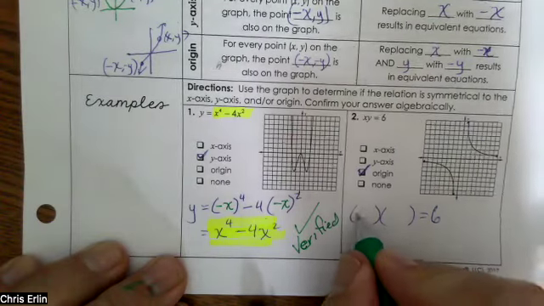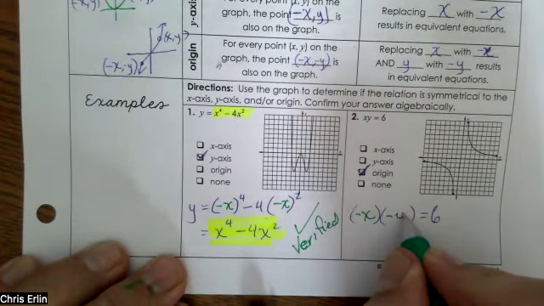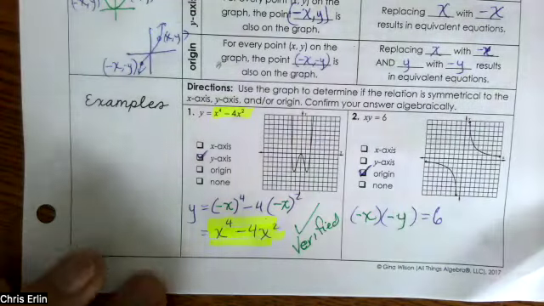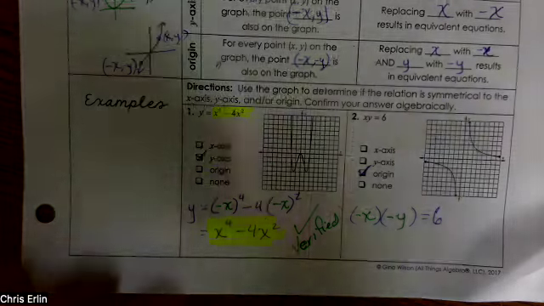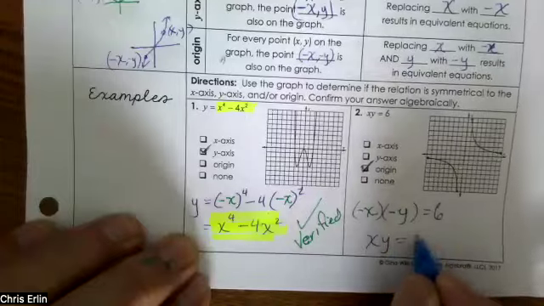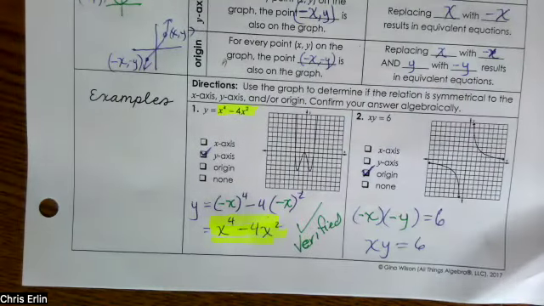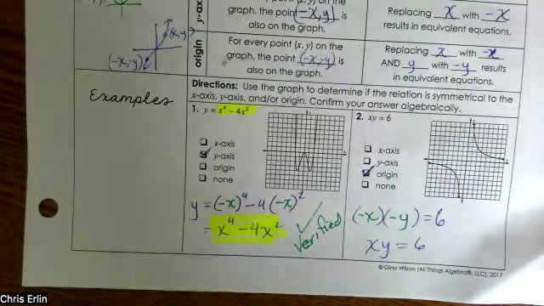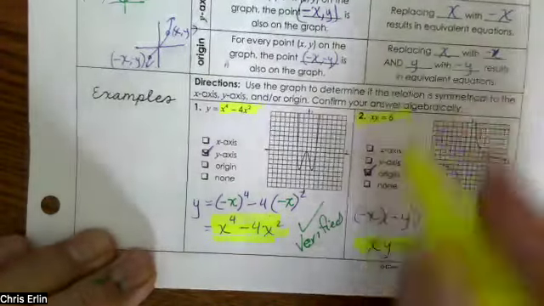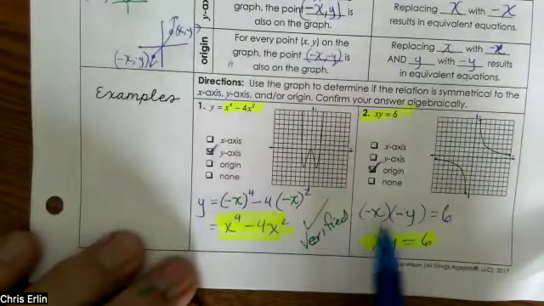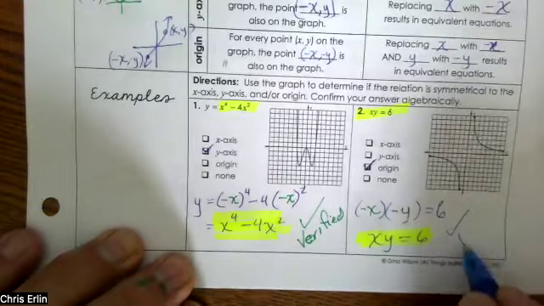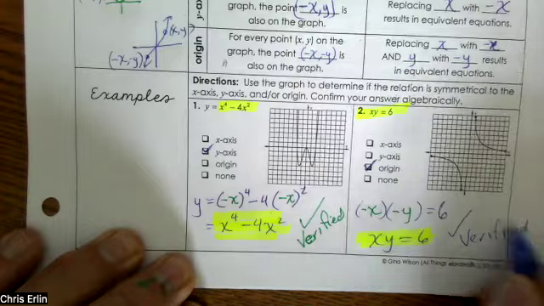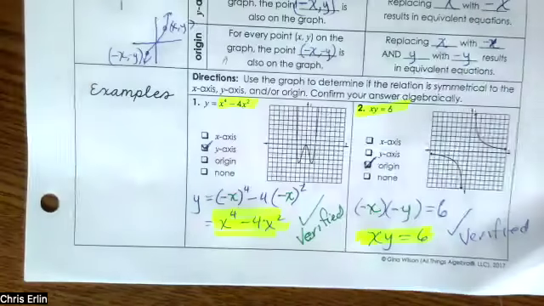Instead of x, I put in negative x. Instead of y, I put in negative y. And what happens when I do negative x times negative y? x y. The negatives become positive. So xy equals 6. How does that compare to our original equation? It's the same. That validates that having made this change, putting in negatives for x and y, verified, that this is in fact origin symmetry.